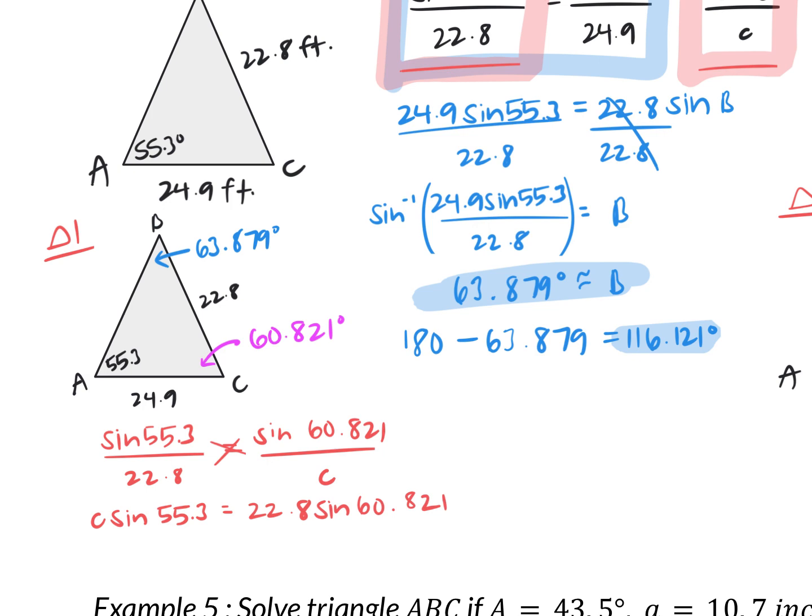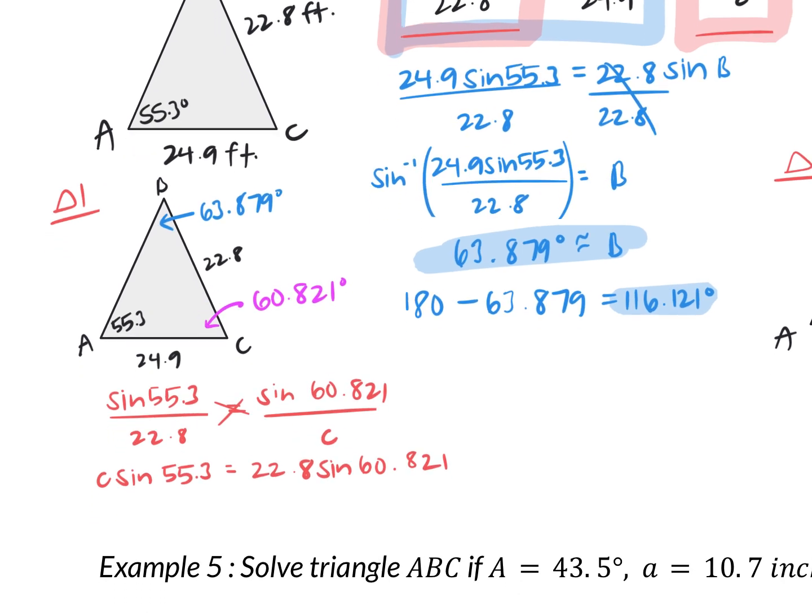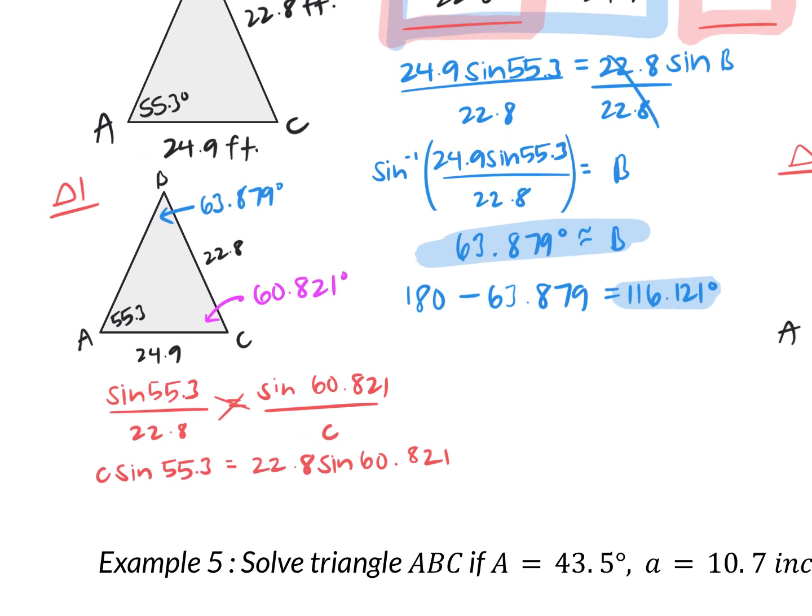And now how do I get C by itself? Yeah, divide by sine 55.3. So let's plug that in and see what we get.